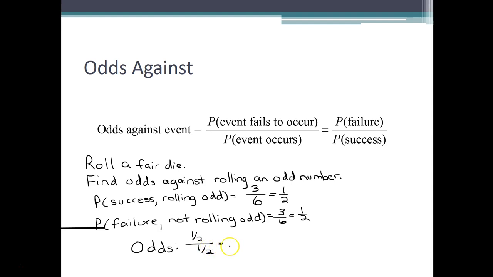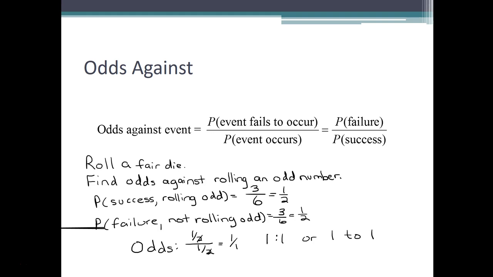And that's going to be true when you're doing odds. Your denominators are always going to be the same, and they're going to cancel out, leaving you with the numerators. And when you write the odds, typically you either write 1:1 like this, or you write 1 to 1. So it's a ratio, and the wording is 1 to 1.